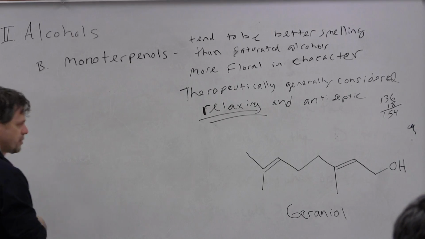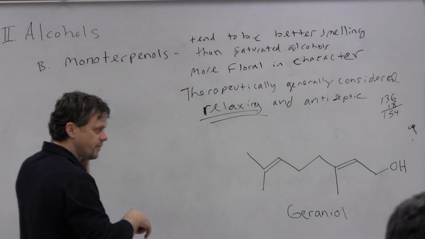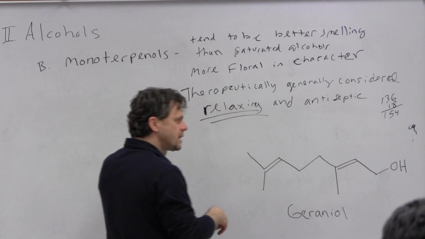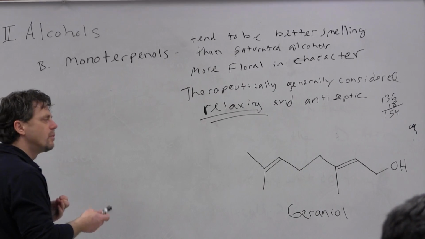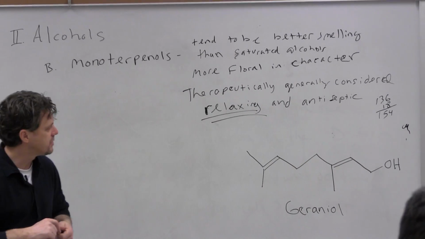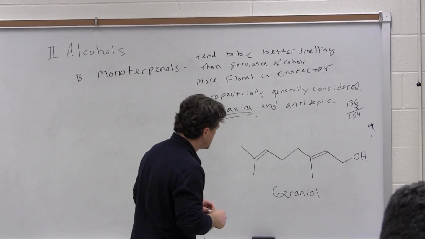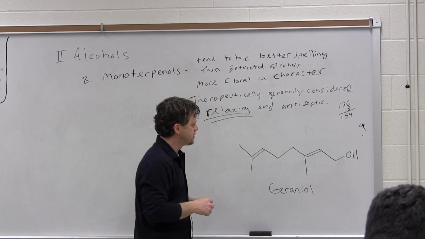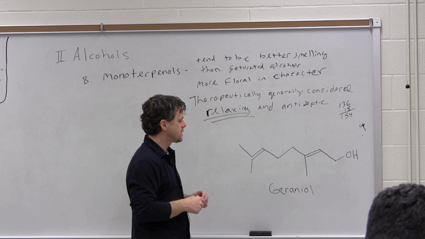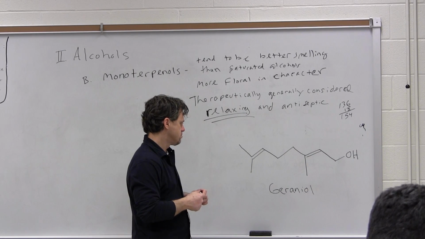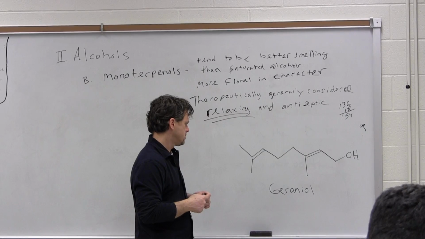You'll notice when we draw a lot of these structures, there's usually at least one chiral center on these things, which really is what attributes to the complexity of these things. Did I draw that right?